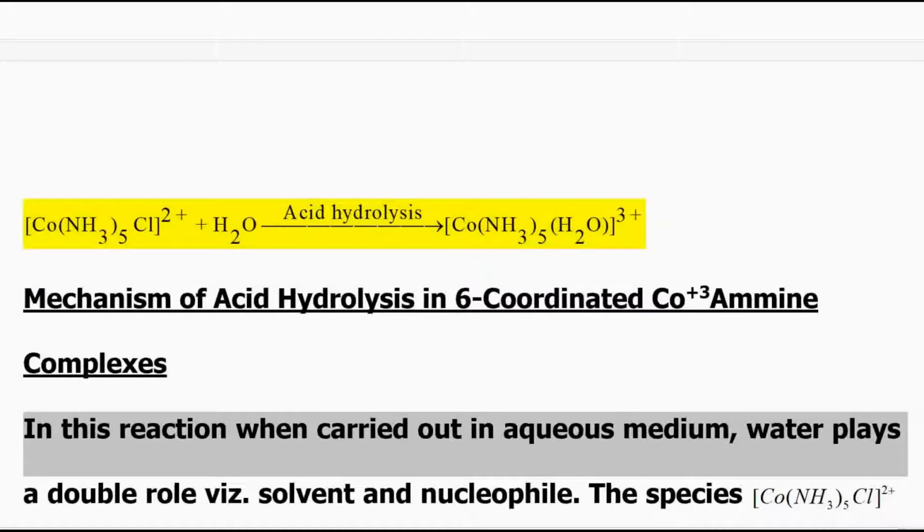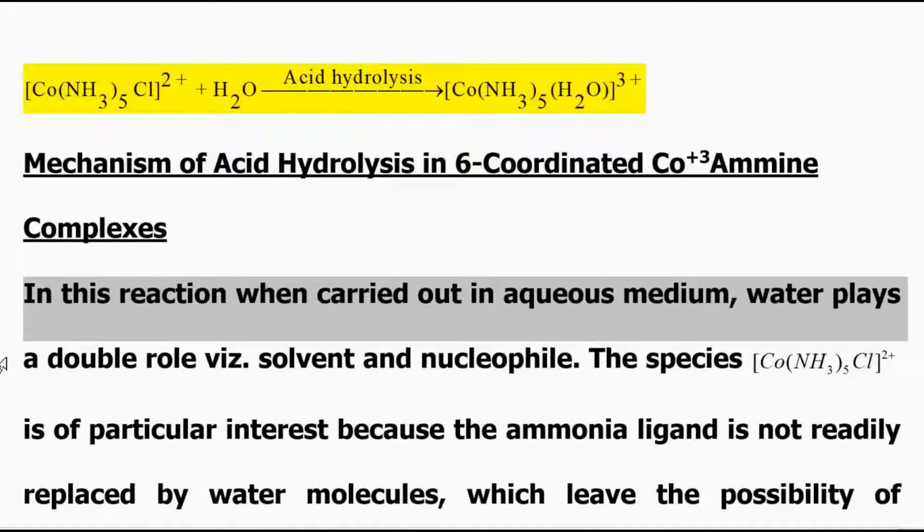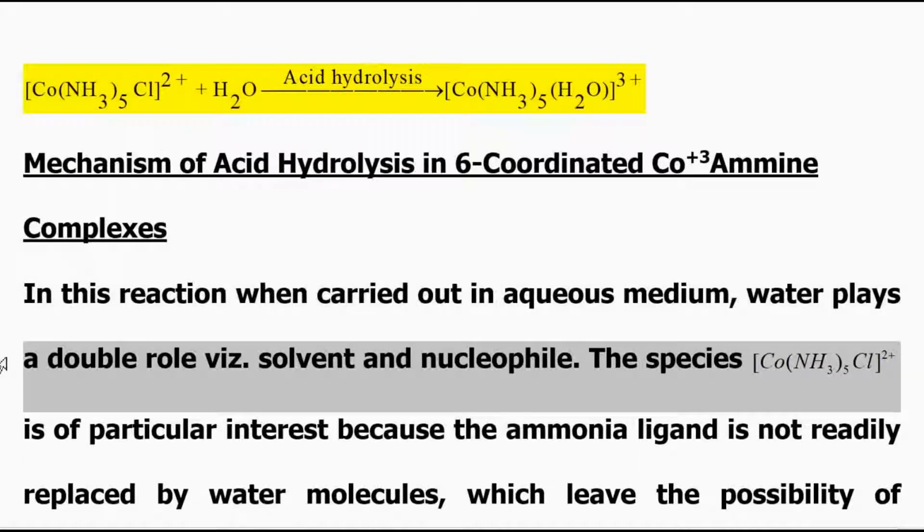If this reaction is carried out in aqueous medium, that is, if the solvent used for the reaction is water, then what happens? Water plays a double role. In this reaction, the water will be solvent and the water will also be the attacking reagent or the nucleophile.